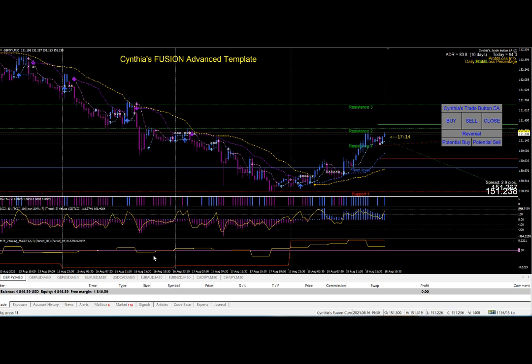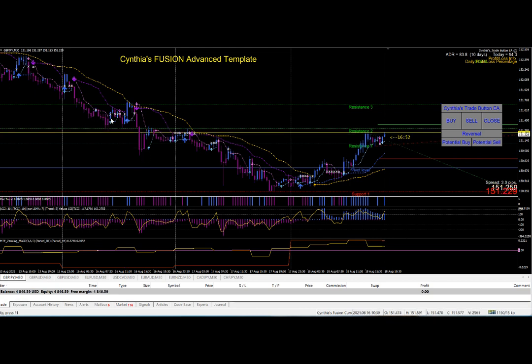And if it coordinates with the indicators, which I teach you in other training videos, then you'll have a trade entry. In the advanced template and also in the extra advanced template, I've also included the daily trend line, which is this orange line.